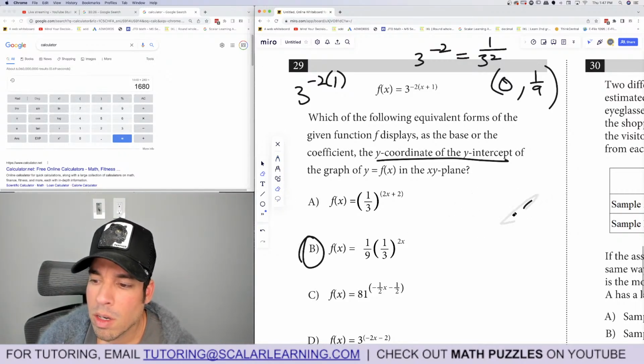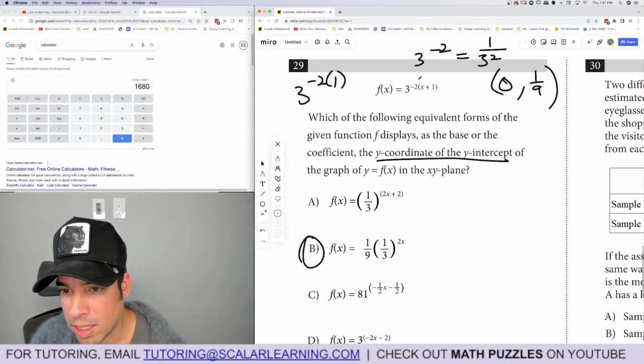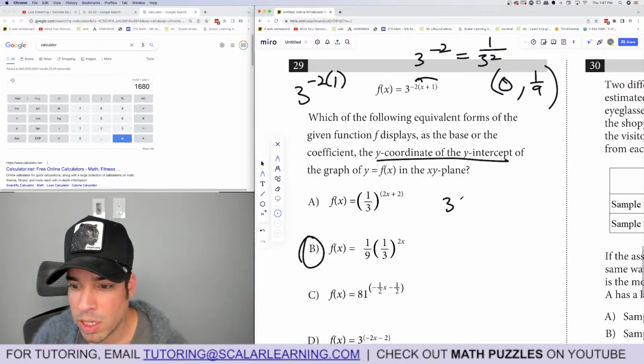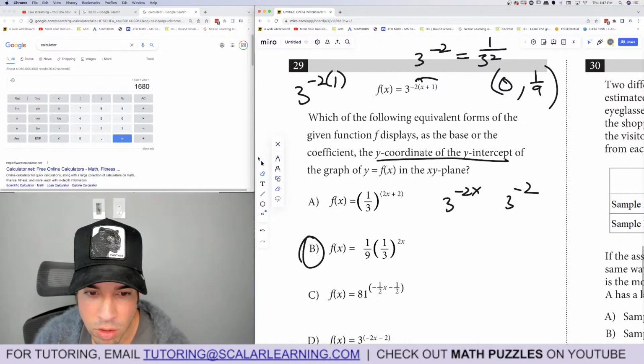Sorry. You have to distribute this. I'm thinking that's, you add the exponents, you don't multiply, so you distribute this. So it's 3 to the negative 2x times 3 to the negative 2, because that's how you'd add the exponents.